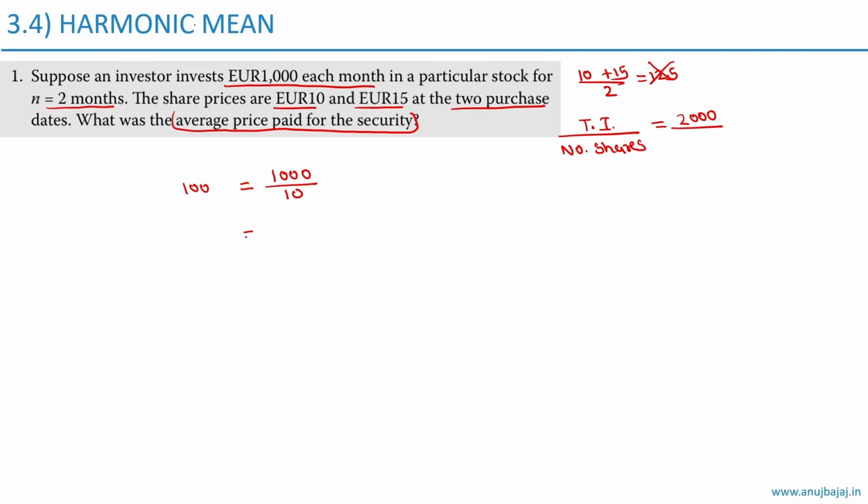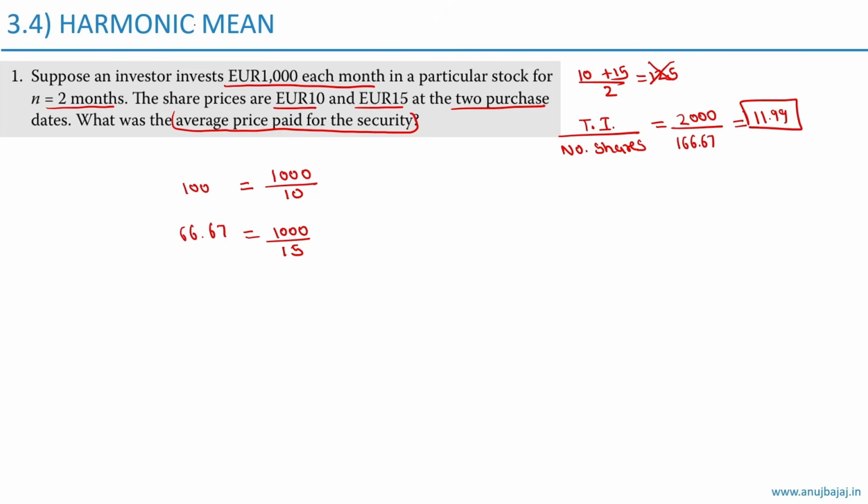When we made the second purchase, the price was 15, so the number of shares we got was 66.67. So the total number of shares we purchased was 166.67 and the average price we paid was 11.99 euros per share.